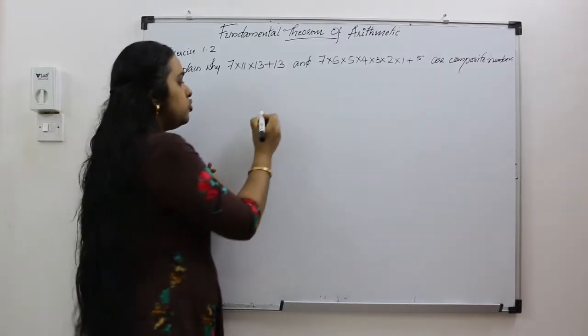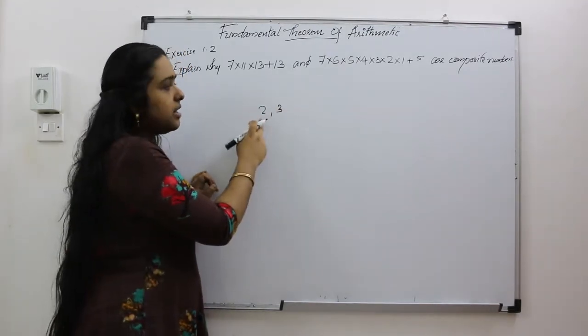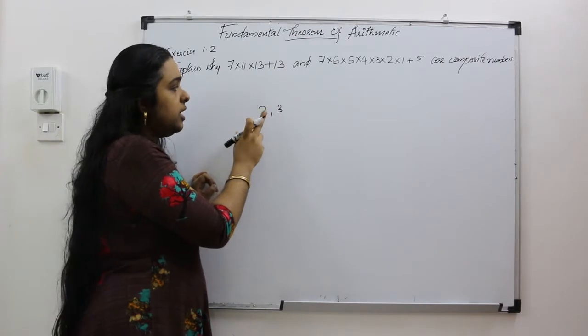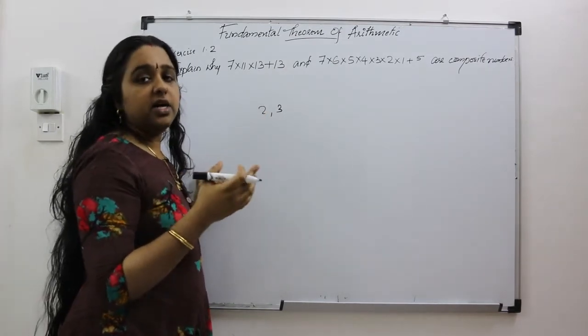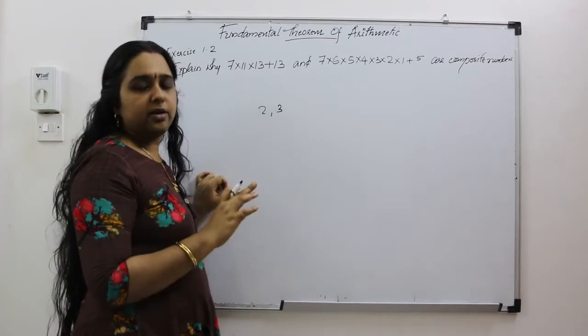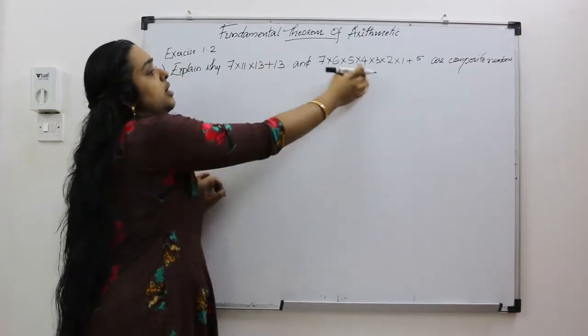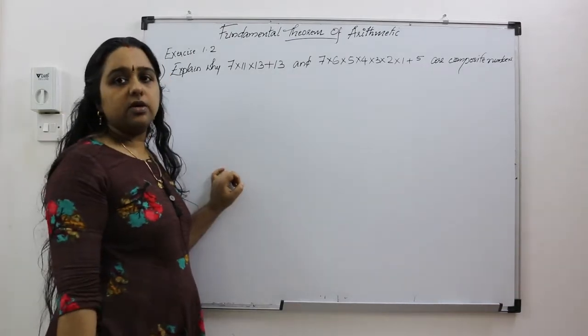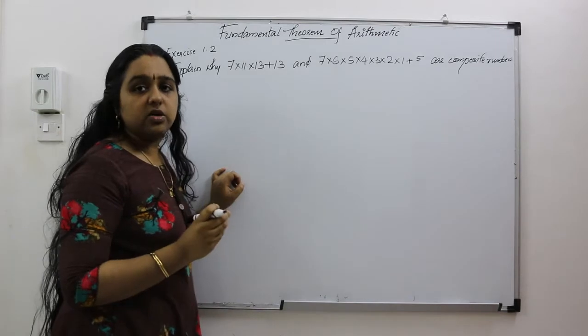For example, 2 and 3 are prime numbers. They have factors 1 and that number only. So we need to prove whether these two numbers are composite numbers or not.